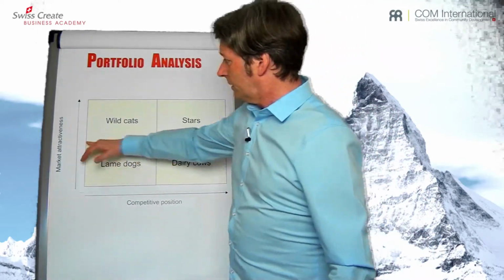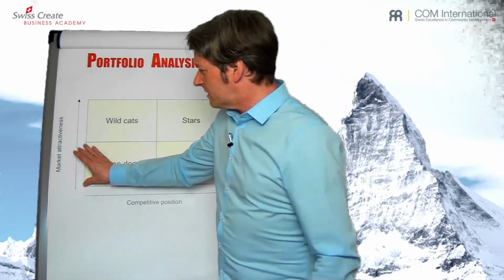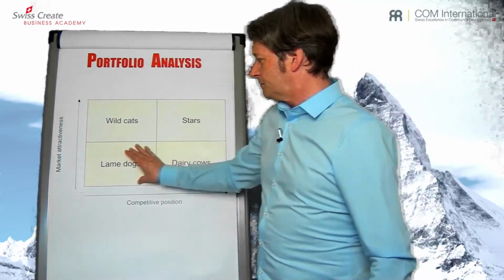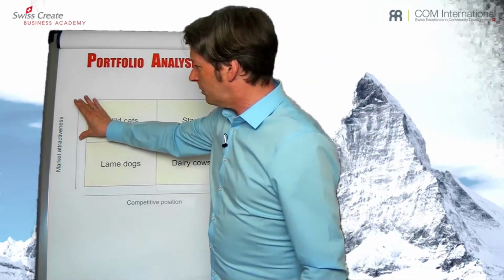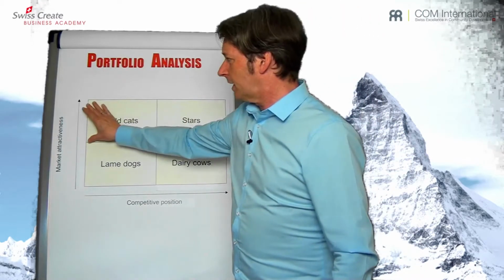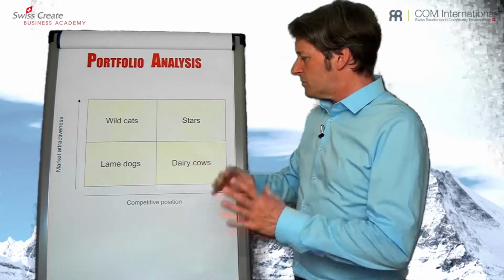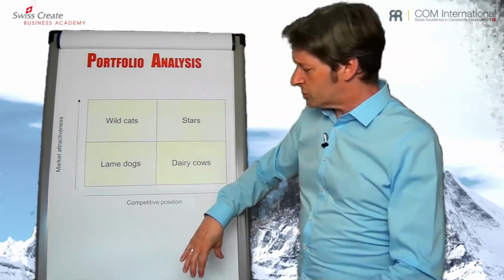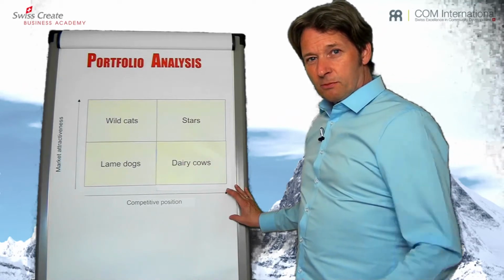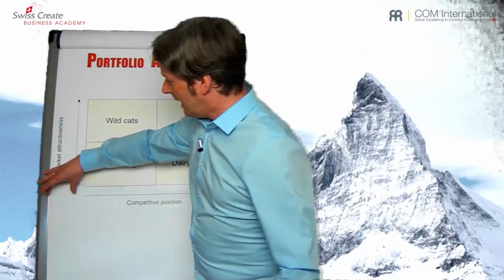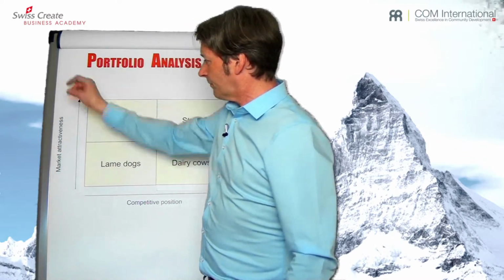Here, it's a low attractiveness. It's not so attractive, this market. That means it can be a traditional, an older market. It's also not so profitable. Here you're more profitable and you have more chances to make good business there. Okay, you see we have two dimensions. The competition, your competitive position, and how attractive is the market.